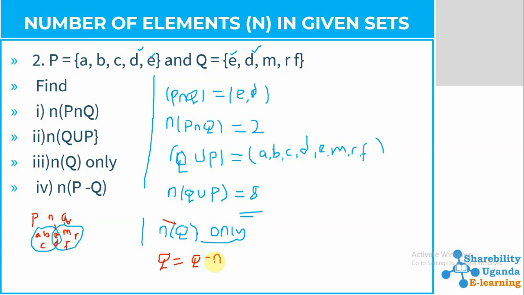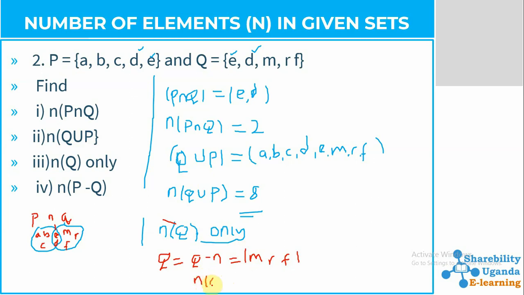Here our Q minus N is equal to M, R, then F. So these are the members of our Q only.